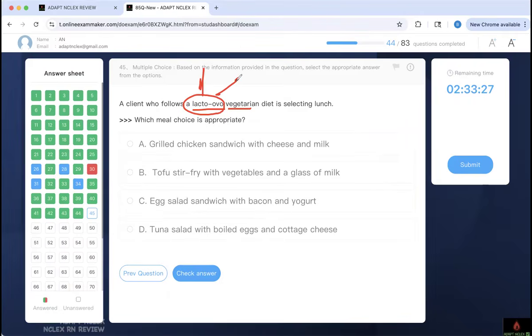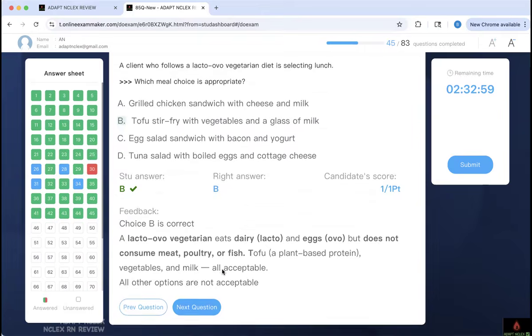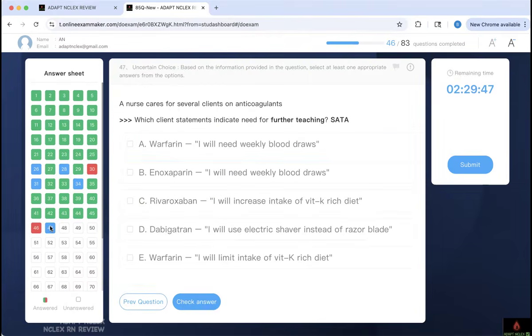That's all. Therefore, what is your answer? I'll guide you. What is your answer? Chicken is not milk and egg. Stir fry with vegetables with milk, that sounds okay. Egg salad with bacon is not milk or egg. Tuna salad is not milk or egg. Therefore, this is good.